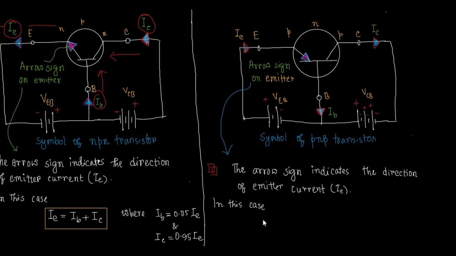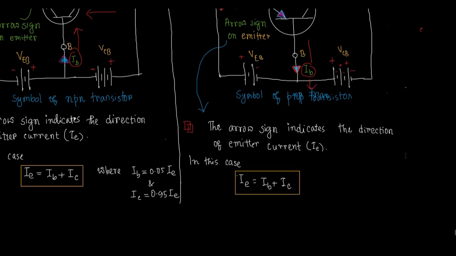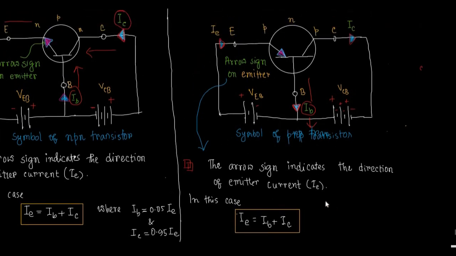The emitter current IE, which flows into the P-type emitter, is the sum of base current IB and collector current IC, where IB is equal to 0.05 times IE and collector current IC is equal to 0.95 times IE.